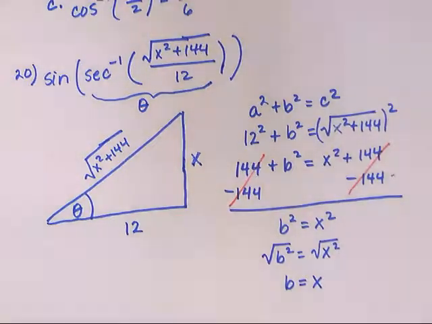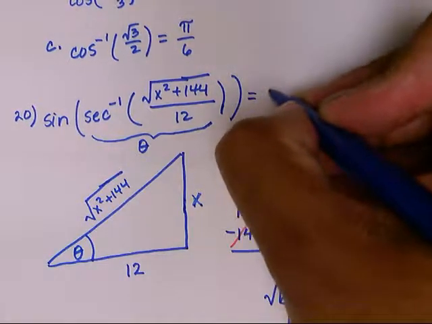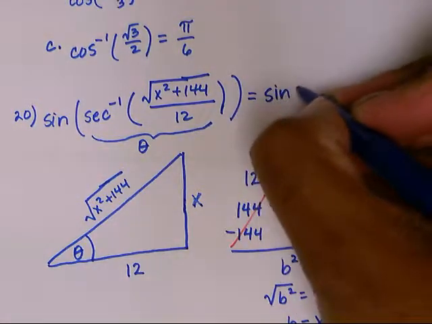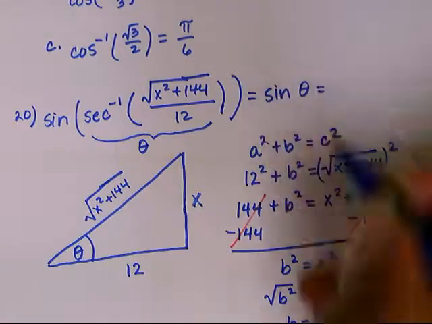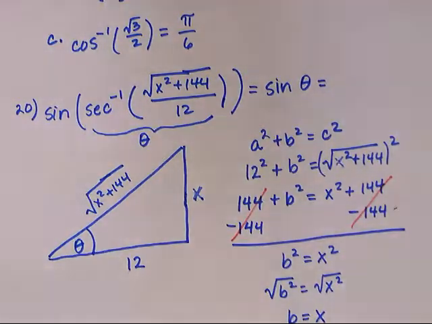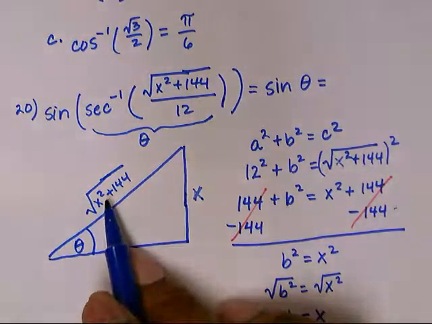Now I'm going to use that right triangle to find the sine of theta. The sine of theta would be the opposite side over the hypotenuse.